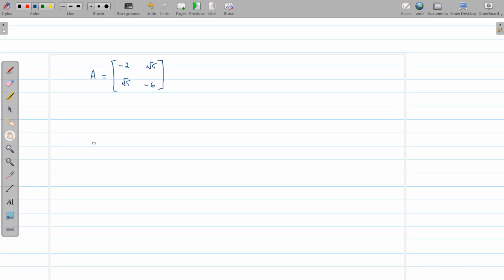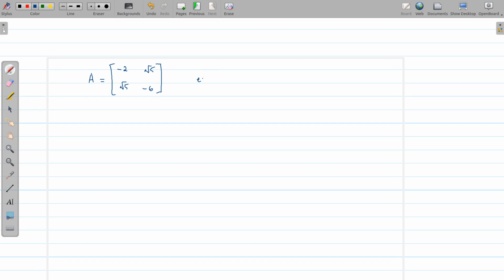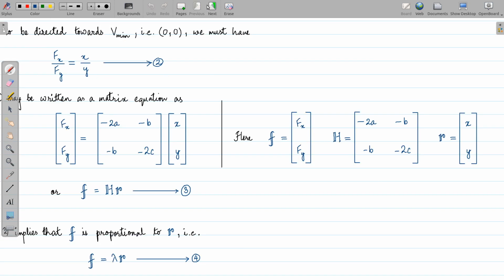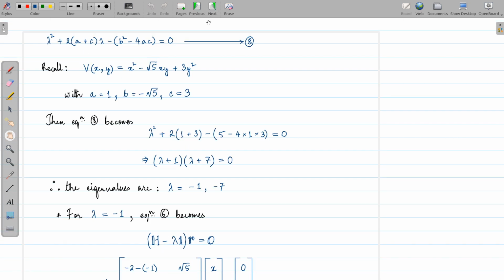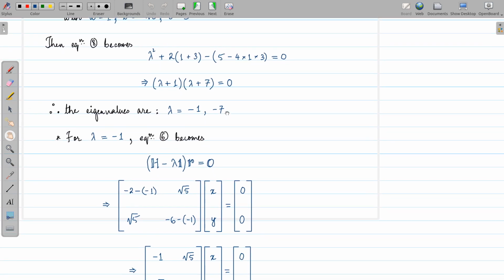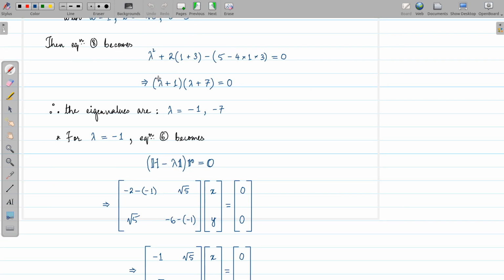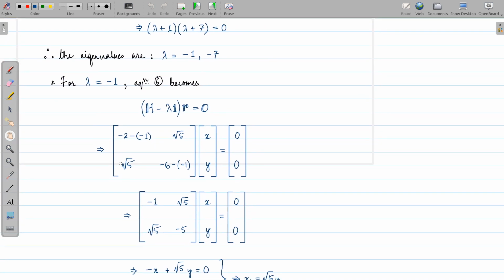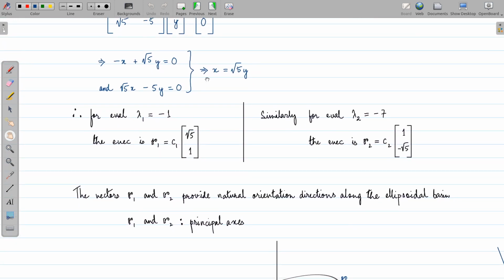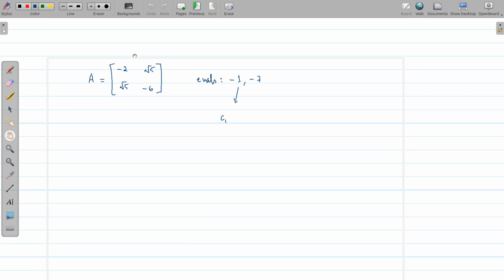We have already found out the eigenvalues. What are the eigenvalues in this problem? Yes, the eigenvalues are minus 1 and minus 7. Corresponding to minus 1, the eigenvector that we had was C1 times (root 5, 1).